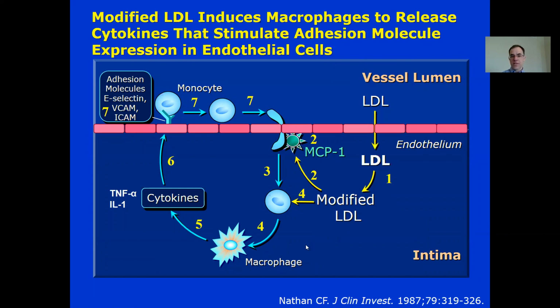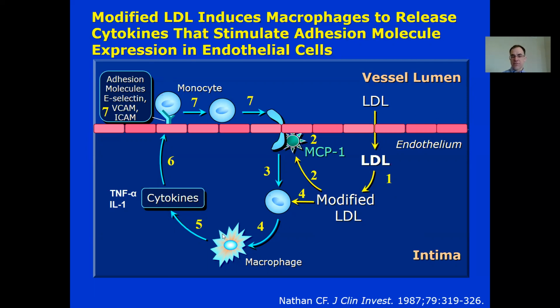Now that you have a macrophage, that macrophage is going to produce these things called cytokines. Think of cytokines as special proteins that are produced to cause, generally, bad things to happen in tissue.